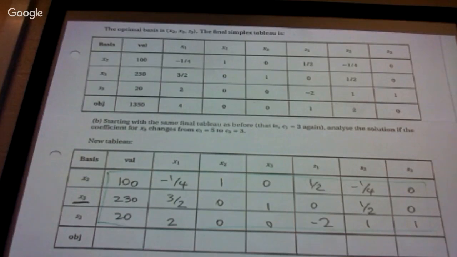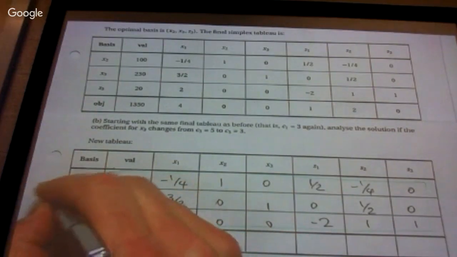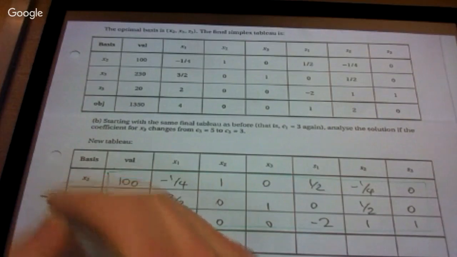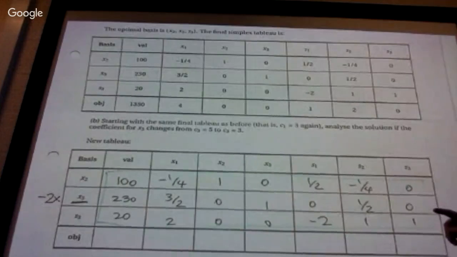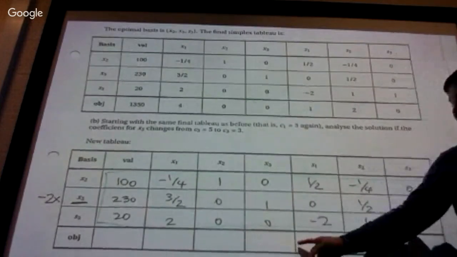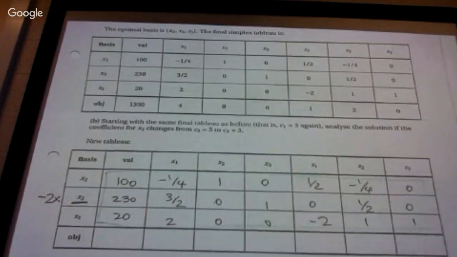Which means that we take 2 times this row and take it away from this objective row, with the exception of this entry. That is what the new objective row is going to be.